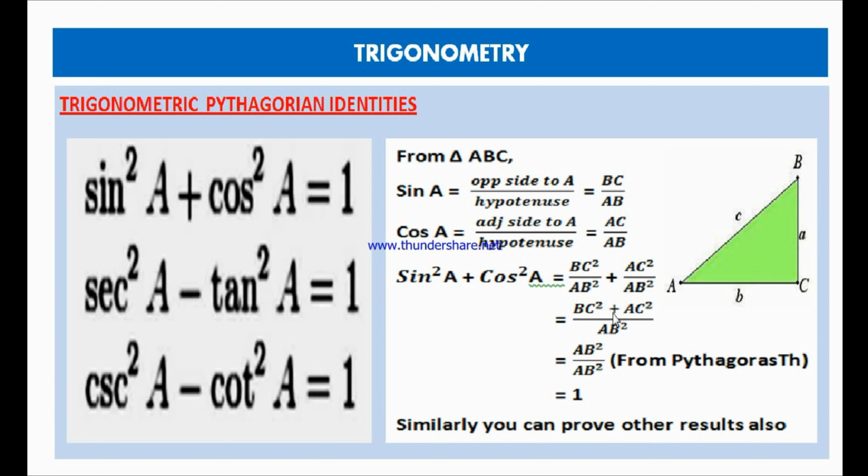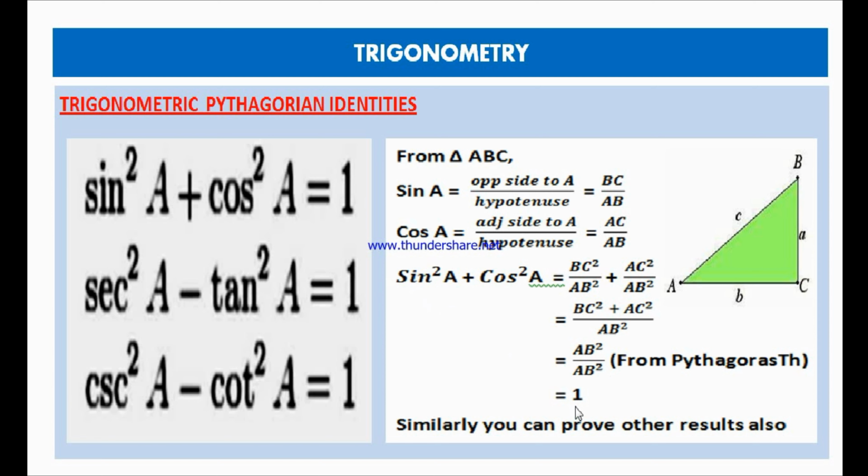Therefore, in the place of BC square plus AC square, using Pythagoras theorem, you can write AB square. Now AB square by AB square, the value of this fraction is 1 as both numerator and denominator are the same. Therefore, we proved that sin square A plus cos square A is equal to 1.